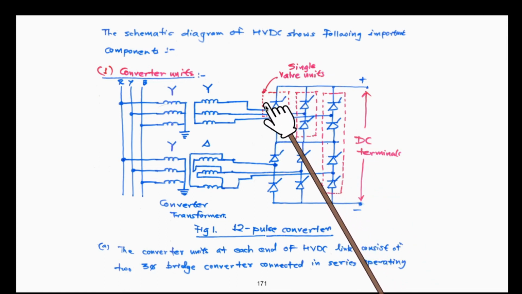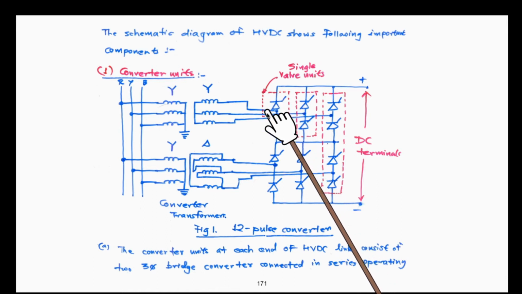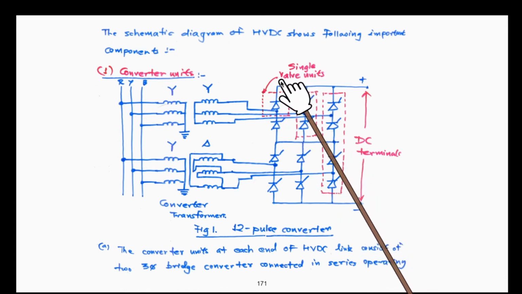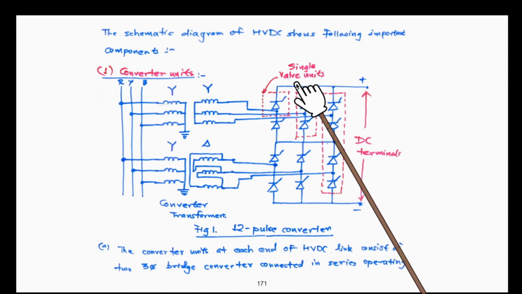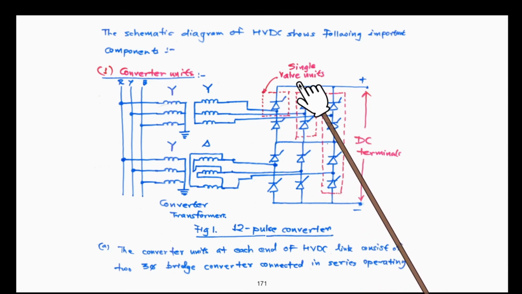Single wall means one equivalent switch formed by several series connected thyristors to attain a high blocking voltage of 500 or maybe 700 kV, plus minus 700 kV, isn't it? So a single wall doesn't mean a single thyristor. Rather, several series connected thyristors form one switch in a three-phase converter. That is a single wall unit.